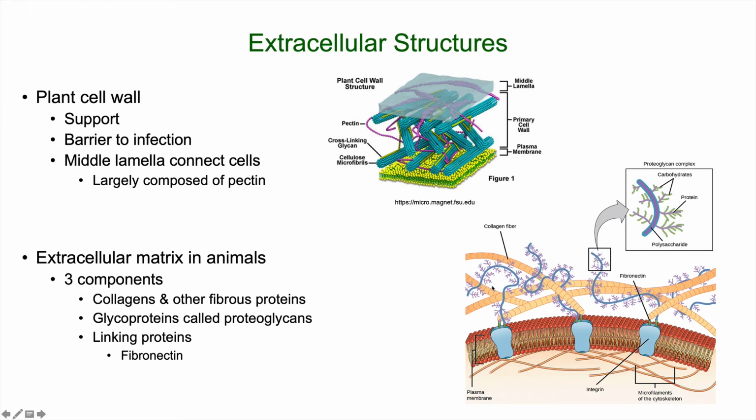And then there are linking proteins, which are the fibronectin, which hold everything to the integrins, or the proteins in the cell membrane that bind to the glycocalyx. Those integrins can also be bound to the cytoskeleton on the inside. And so this allows the glycocalyx to interact with the glycocalyx of another cell, and some bonding can occur to help to develop tissues.